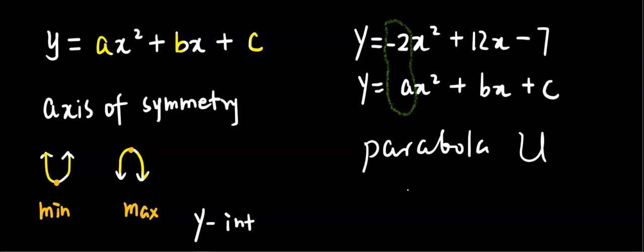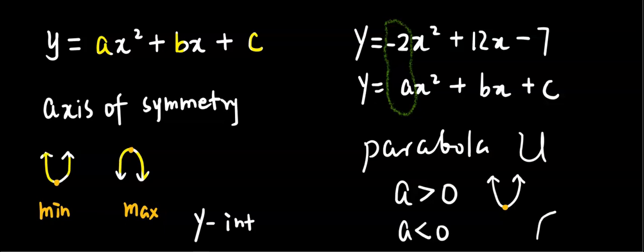If A is greater than 0, the graph is going to open upwards, which means we're going to have a point we call the minimum. If A is less than 0, the graph is going to open downwards, which means we're going to have a point that is the highest point on this graph.